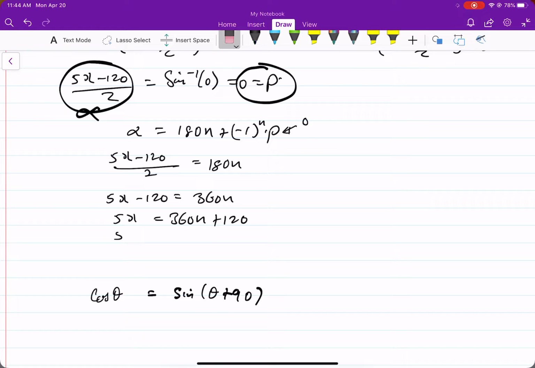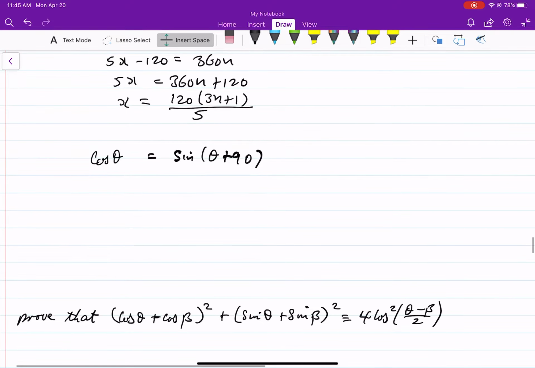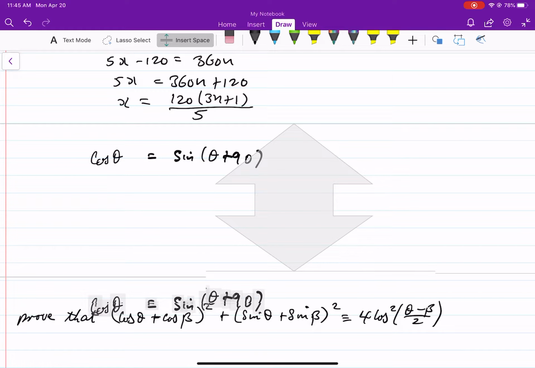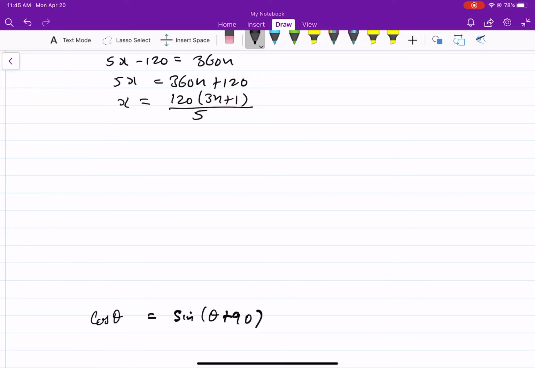And I'll get x is equal to 120 into 3n plus 1 upon 5. If I tidy that up, that would look like x is equal to... is it 24?